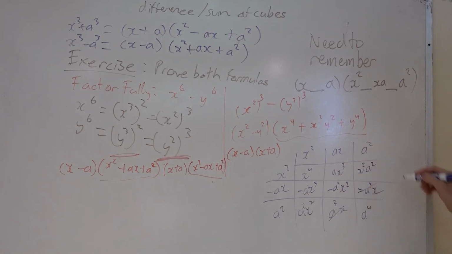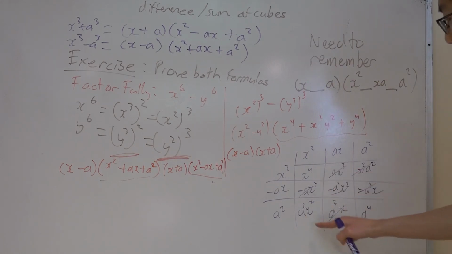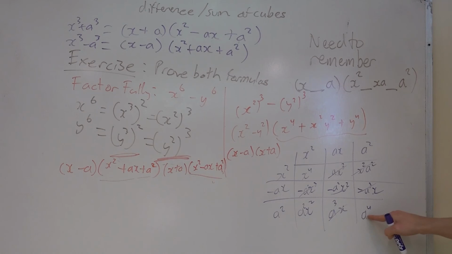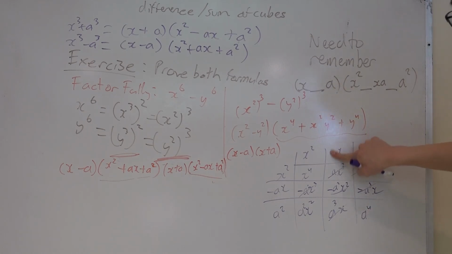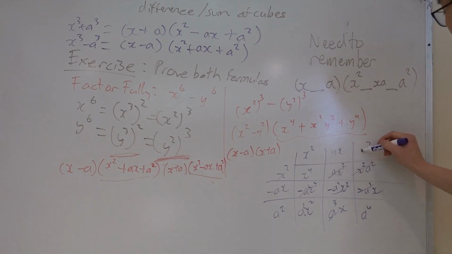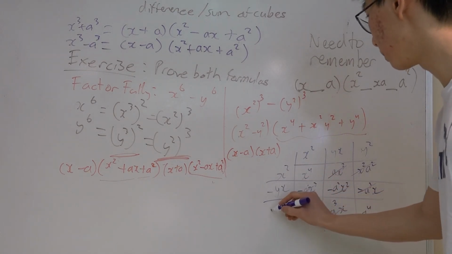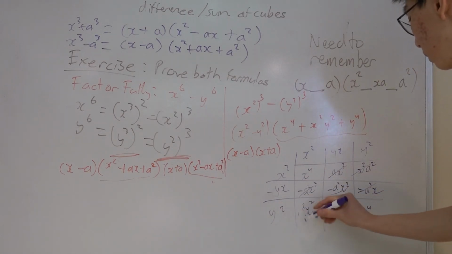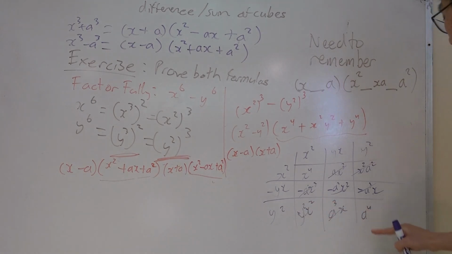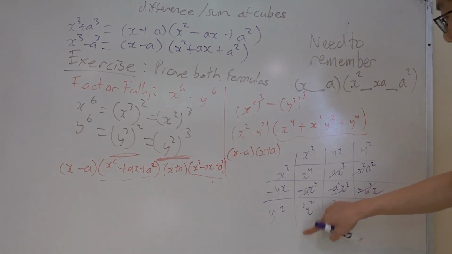Just notice that these two cancel out, these two cancel out, these two cancel out, and you're left with x to the 4 plus a squared x squared plus a to the 4. Sorry, I should have had all these y's. Sorry about that. Yeah, so these are all y's. Okay. Sorry, yeah. But hopefully you get it.